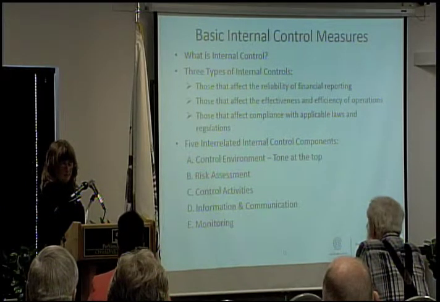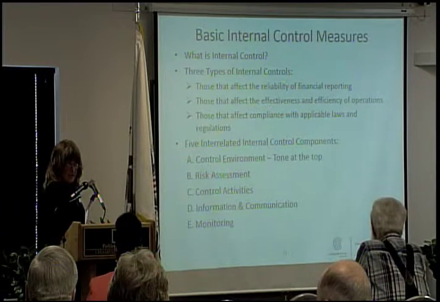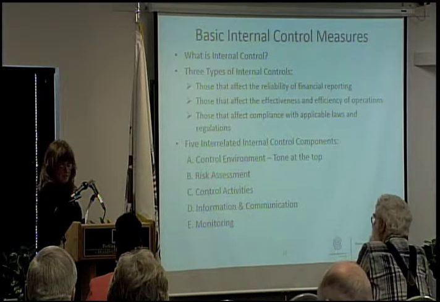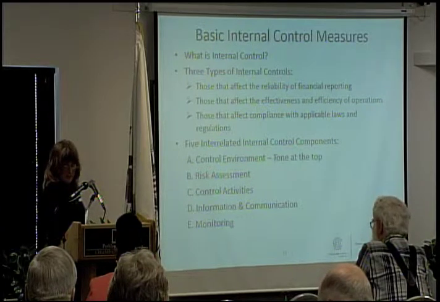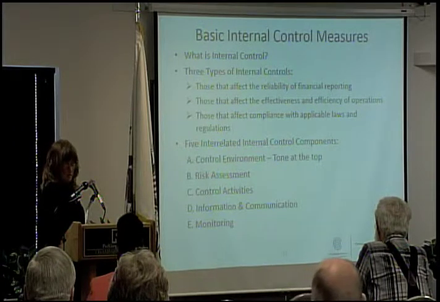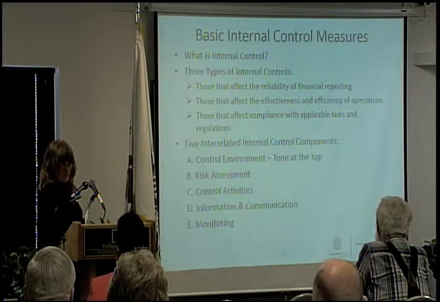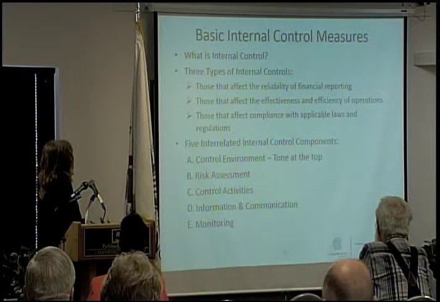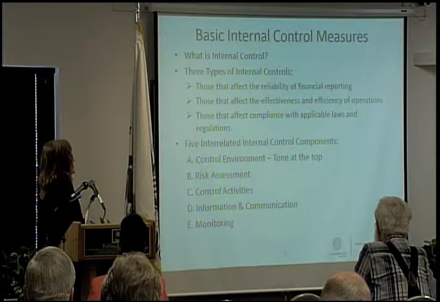Control activities are the policies and procedures that help ensure the management directives are carried out. Information and communication are the identification, capture, and exchange of information in a form and time frame that enable people to carry out their responsibilities. Monitoring is the process that assesses the quality of internal control performance over time. So we'll go through each one of these in a little bit more detail now.